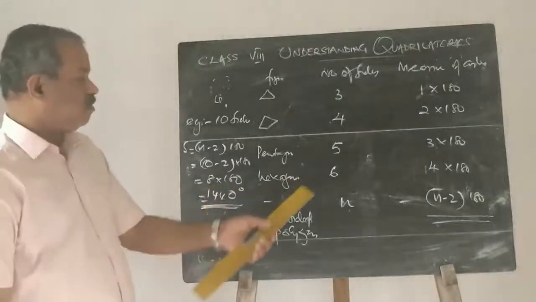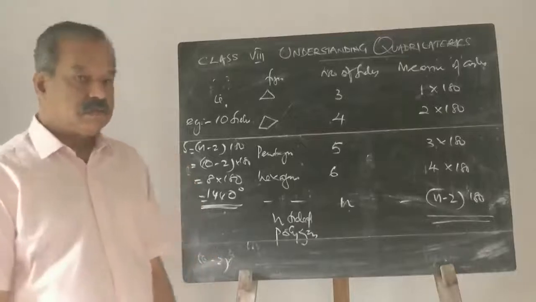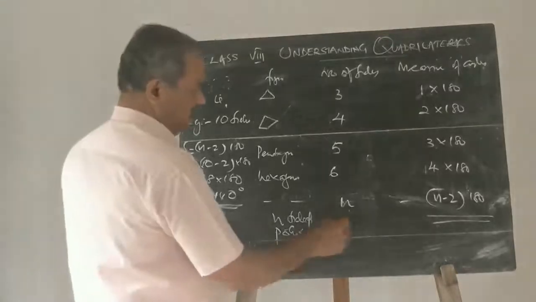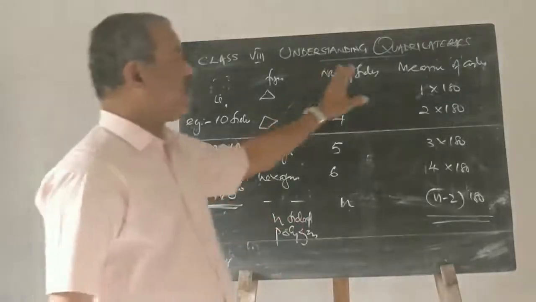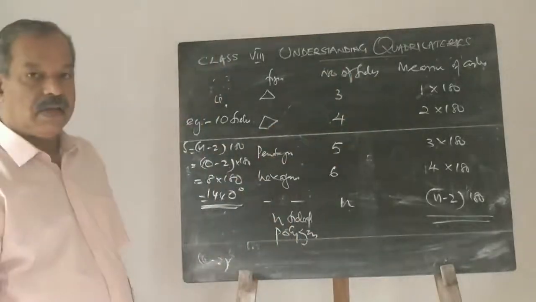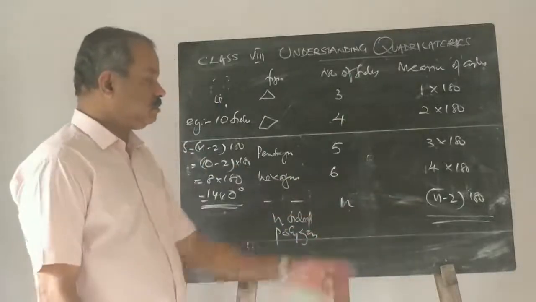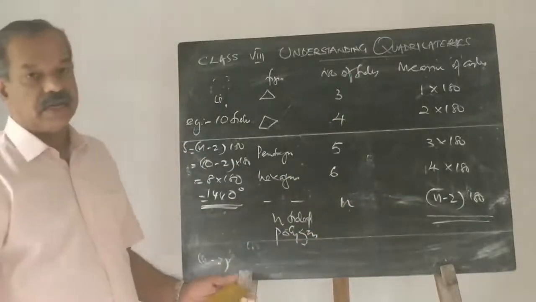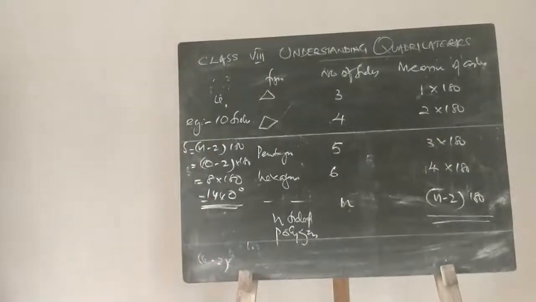This is the sum of all the angles of a 10-sided polygon. So, we can establish the relation between the number of sides of a polygon and the sum of its interior angles: n minus 2 into 180.